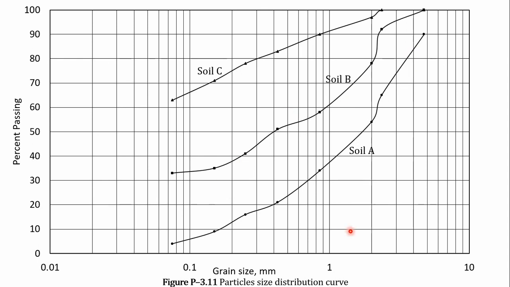In the vertical axis, class, this is the percent passing. And the horizontal represents the grain size in mm. Take note, class, this graph is a logarithmic scale.